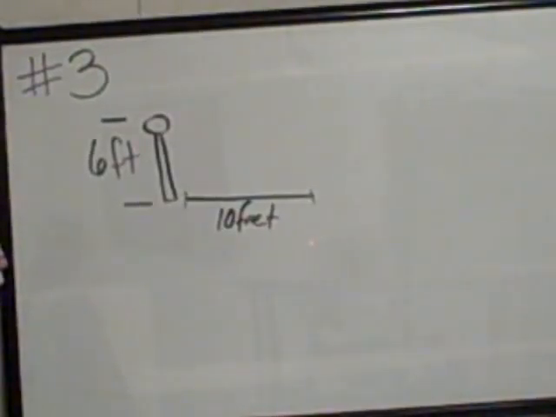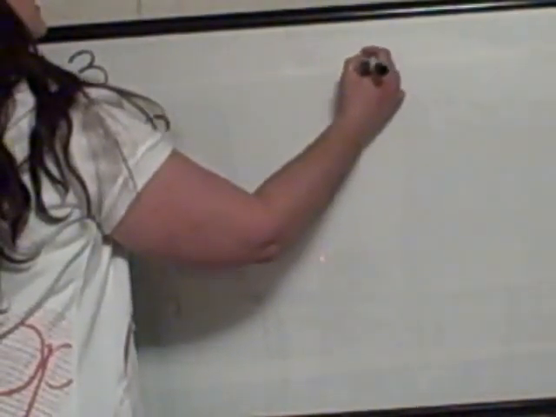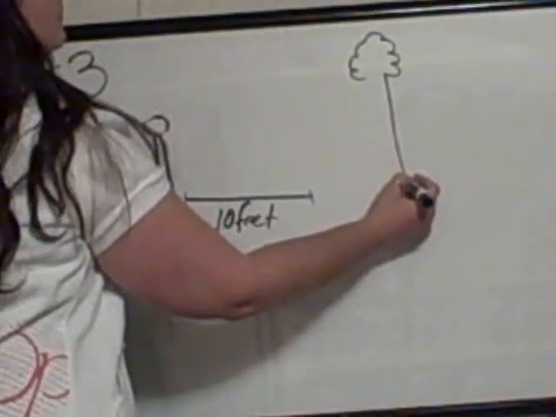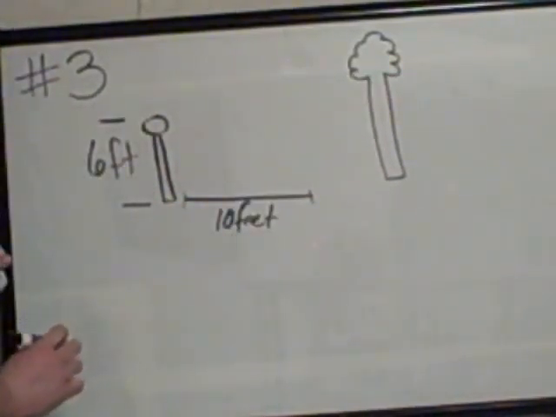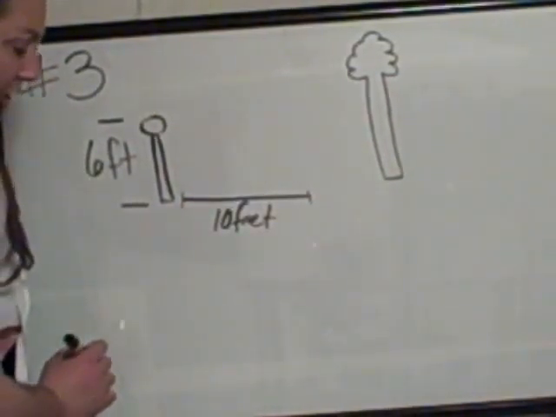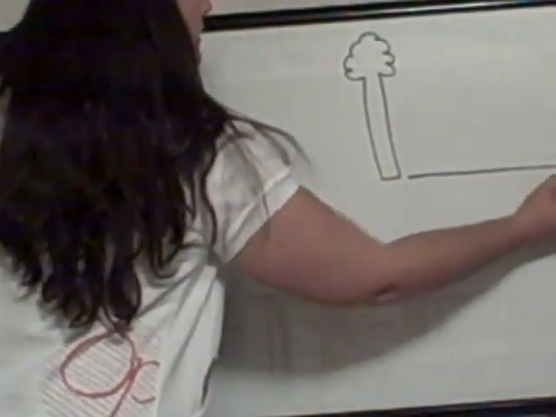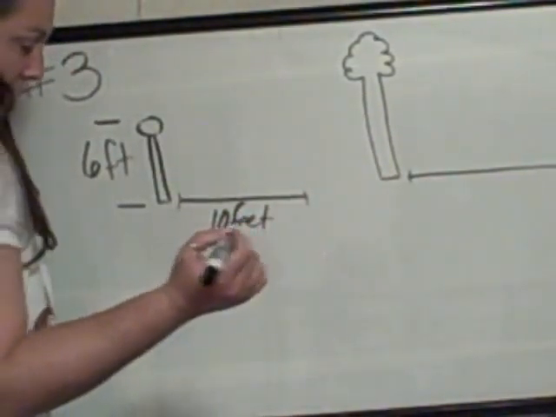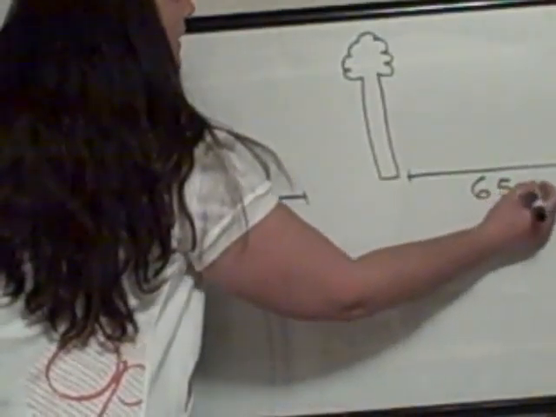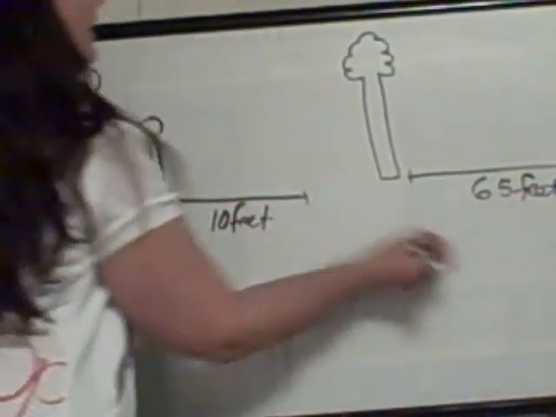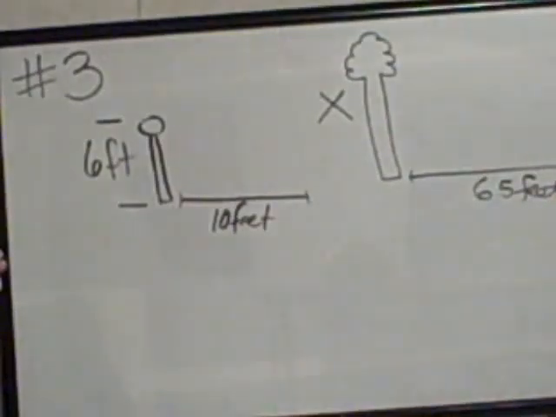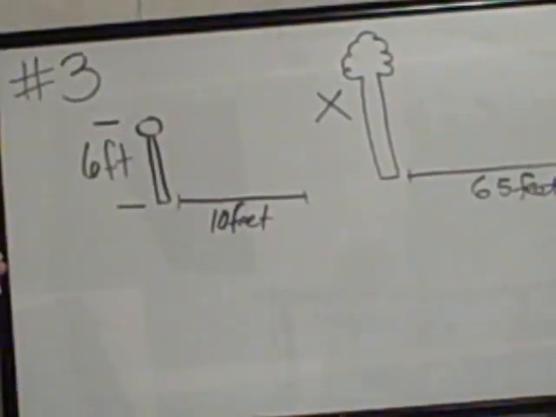And then it asks about a pine tree, so let's draw a pine tree. And the pine tree casts a shadow that is 65 feet long. How tall is the pine tree? That's where the variable goes.